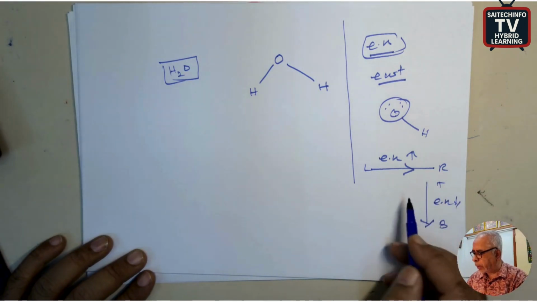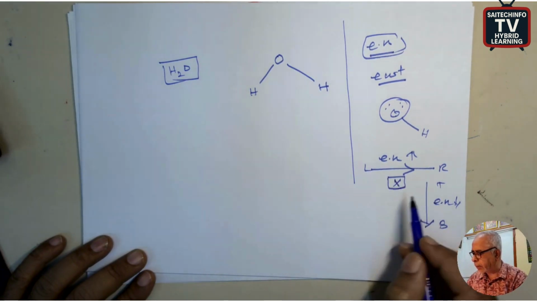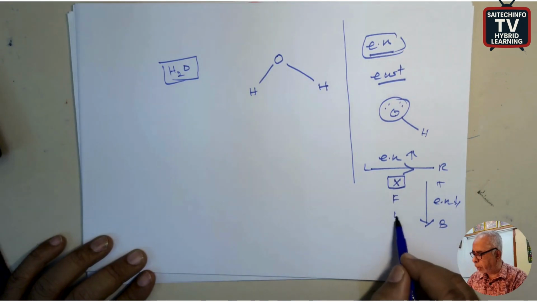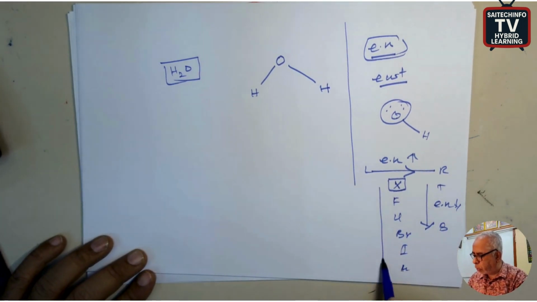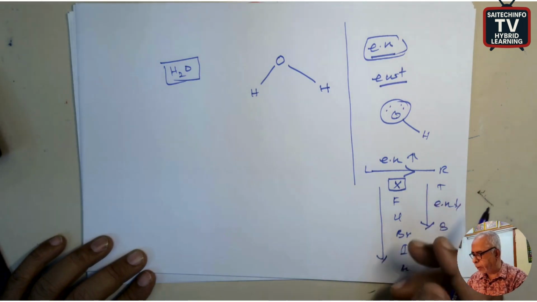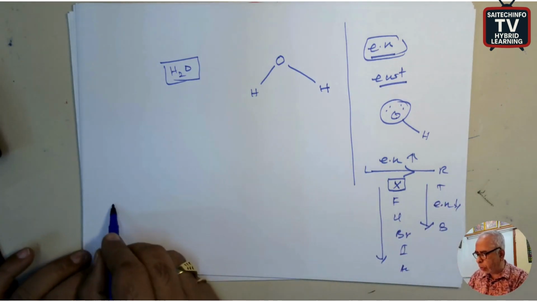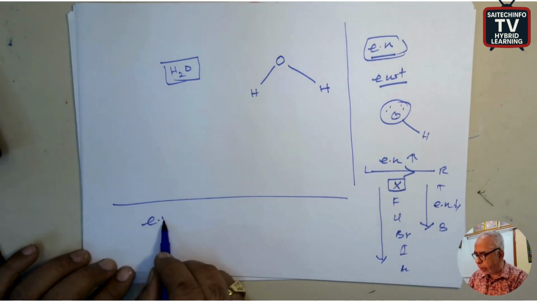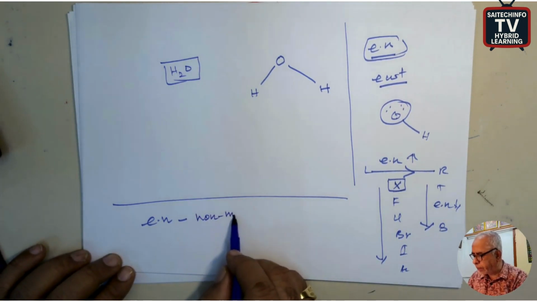Next to that you have the halogens, represented by X: fluorine, chlorine, bromine, iodine, astatine. Down the group, the electronegativity, the electron withdrawing tendency, decreases, and the electropositivity increases. That is why electronegativity is called non-metallic behavior.